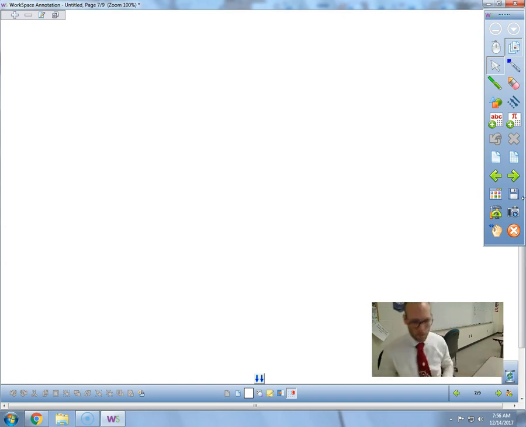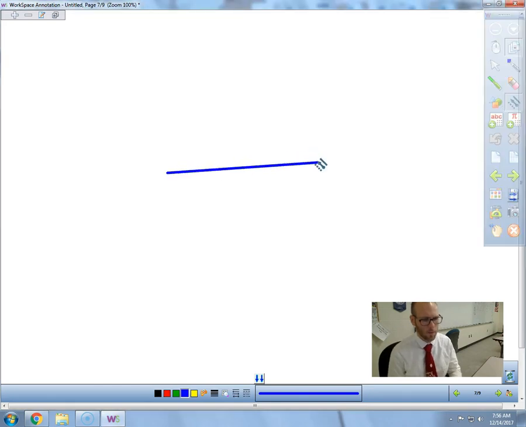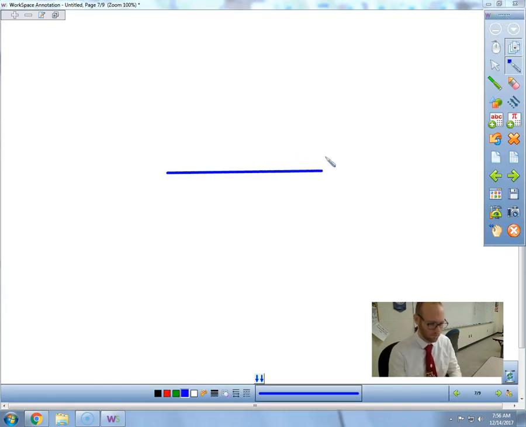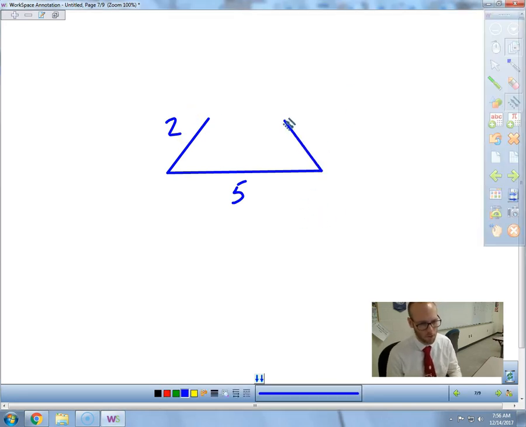My side lengths are what? 2, 5, and 2. So let's picture this. If the bottom was 5, one side was 2, and the other side was 2, are we going to be able to make a triangle?